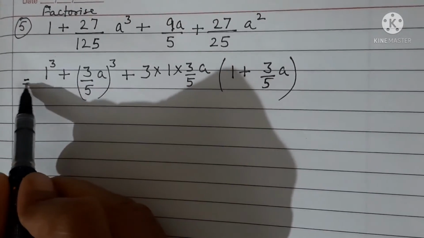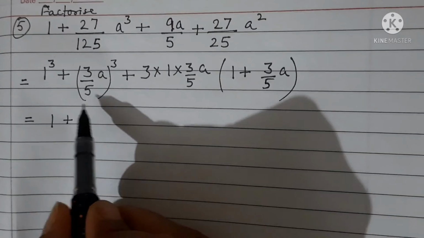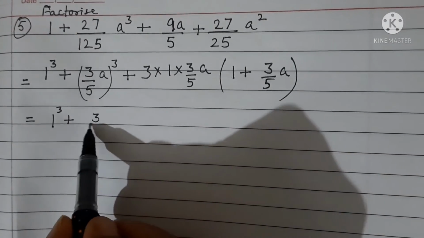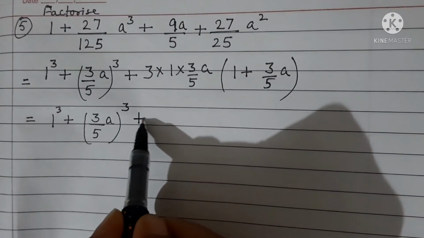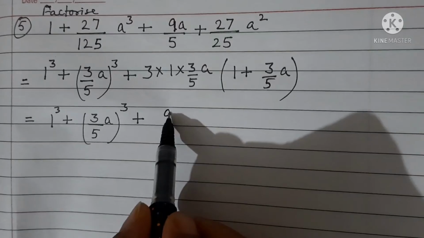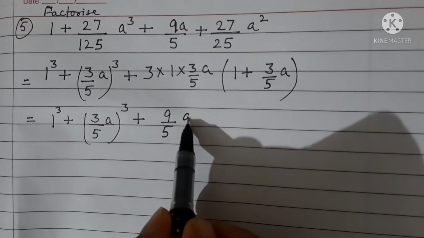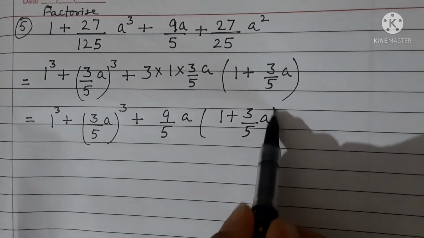So let's see what we will get. 1 cube plus 3 upon 5a whole cube plus 3 3s are 9, 9 upon 5a, times 1 plus 3 upon 5a.